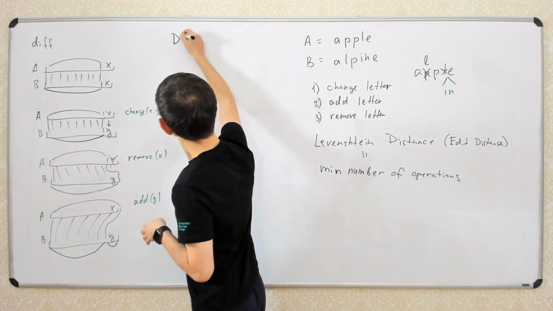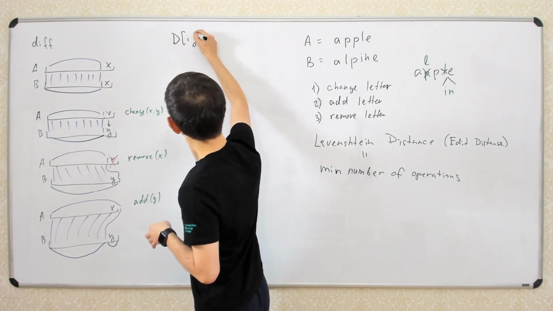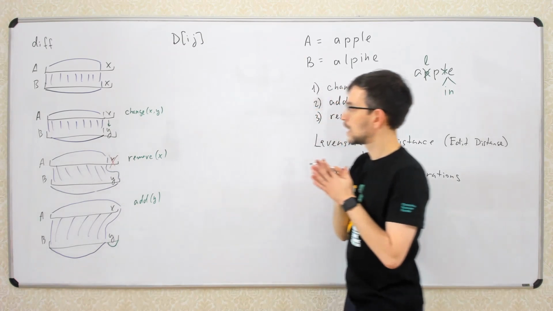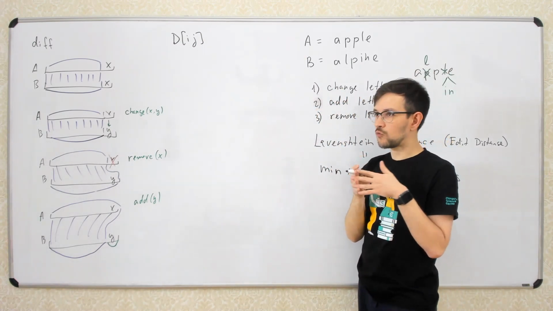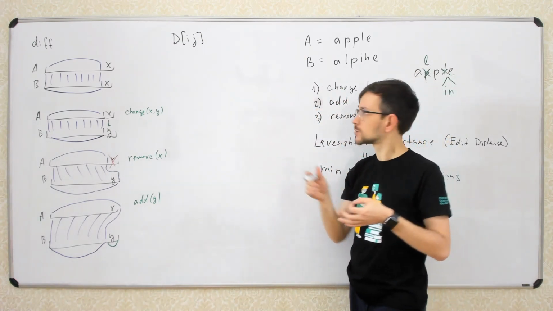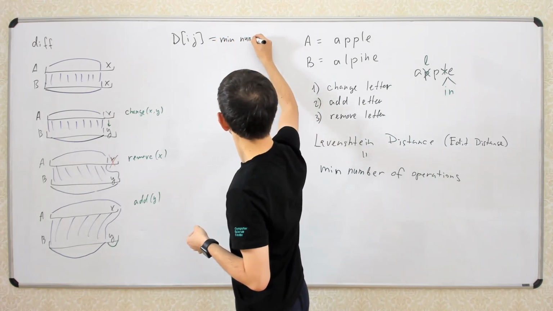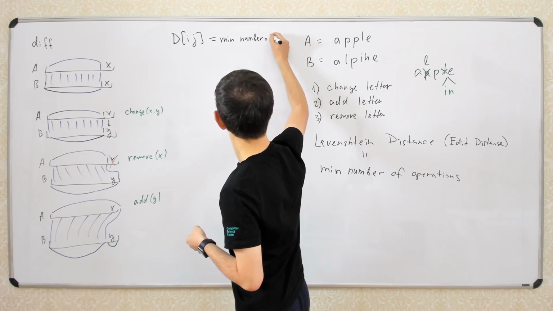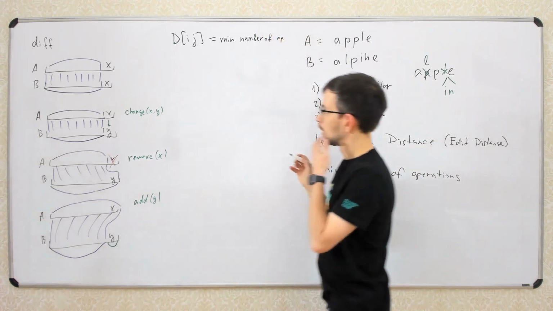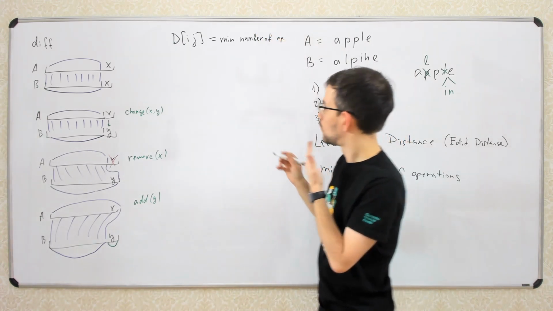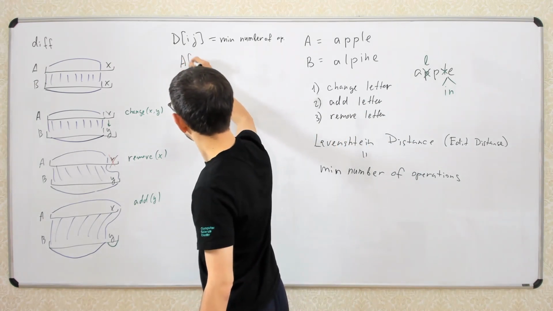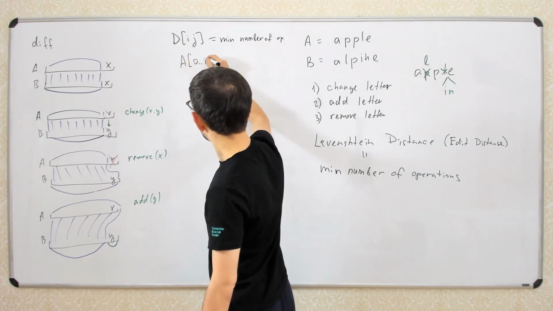Let's solve problem D of I and J. We need to find the minimal number of operations to get from string A from 0, let's say, to I minus 1.